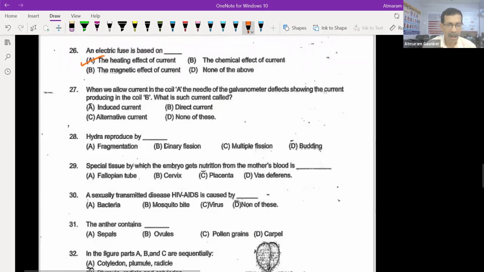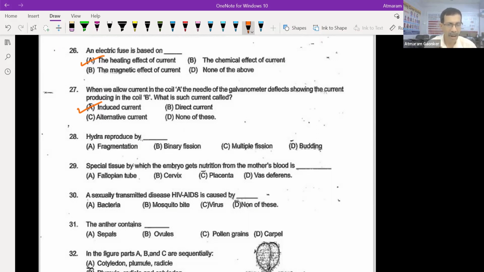When we allow current in a coil, the needle of the galvanometer deflects, showing the current produced in the coil B. What is such current called? Induced, direct, alternating, or none of these. It is called induced current. It is as per Faraday's law of magnetic induction.